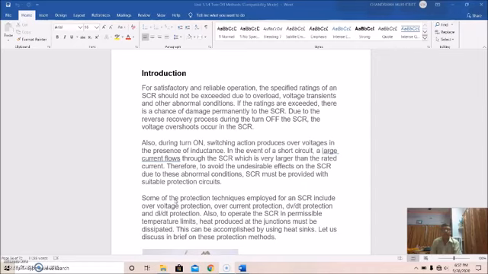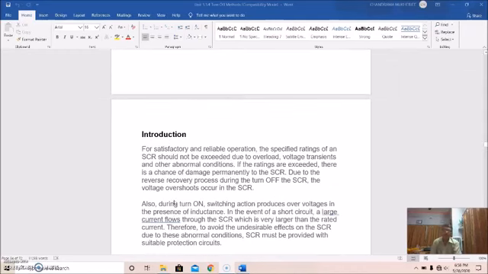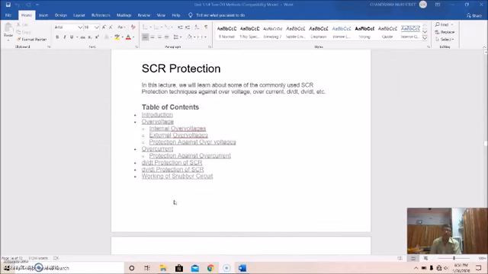electrical engineering course. So today, in the last class, we discussed rating, specification, as well as the snubber circuits and freewheeling, flywheel diodes, etc. How is this snubber circuit useful for the protection of SCR?